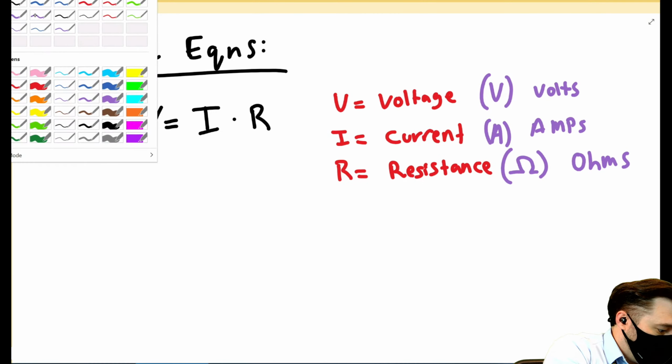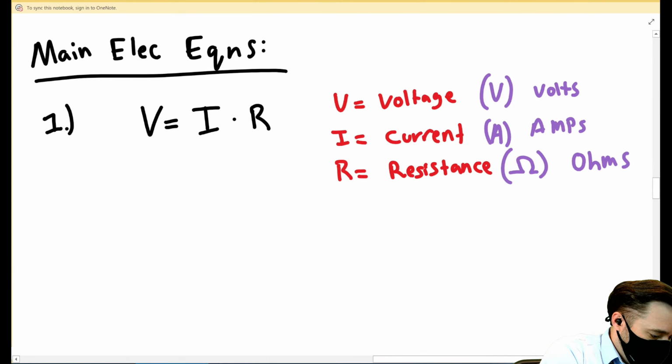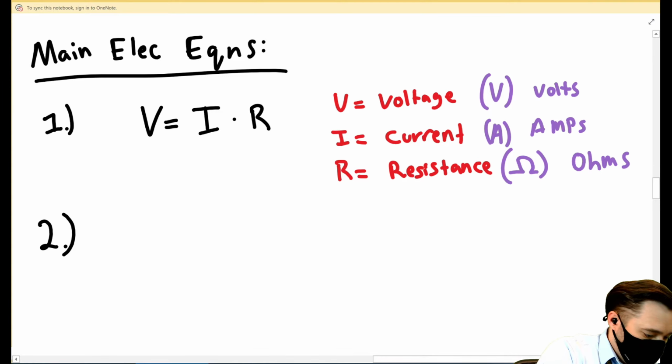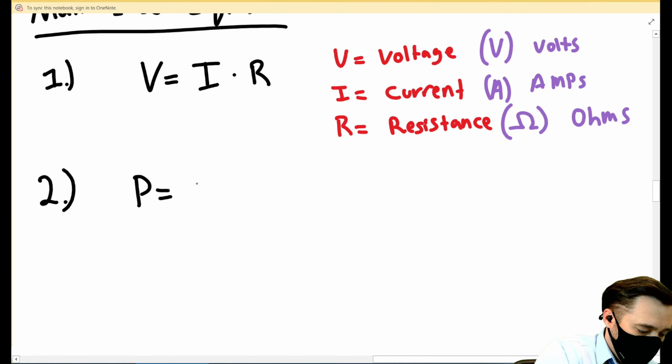The second one, numero dos, is going to be the power equation. And there are 2 different versions of this. The first one is P is equal to I times V, where P is power.